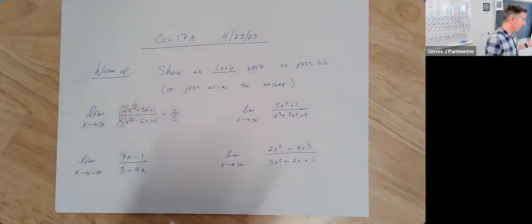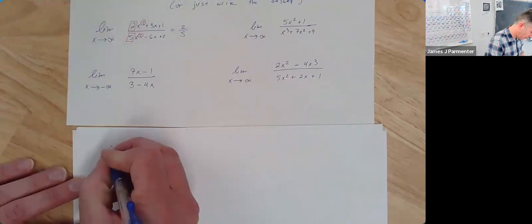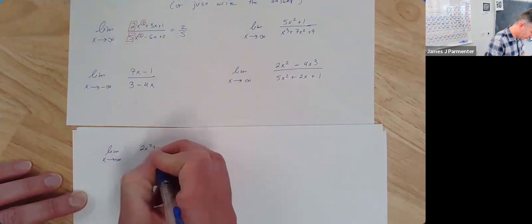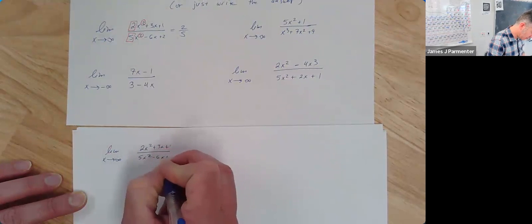And you can show more work for that, right? You can definitely divide every term by the highest power of x in the denominator. In fact, let me show that down here just to remind everybody. The limit as x goes to infinity of 2x squared plus 3x plus 1 over 5x squared minus 6x plus 2.